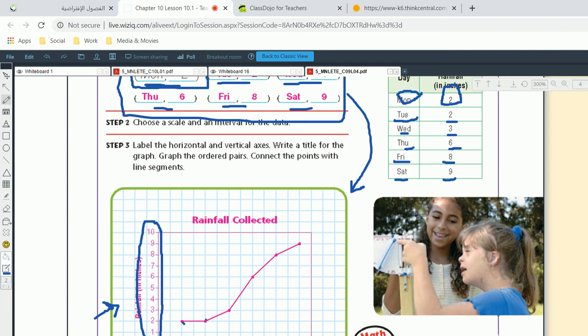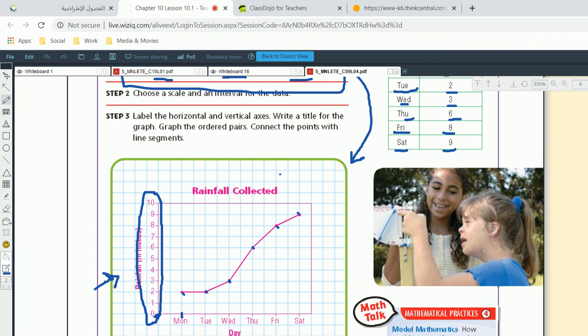Tuesday and 2, Wednesday and 3, Thursday and 6, Friday and 8, Saturday and 9. After we plot all the points, you have to connect them by using your ruler.